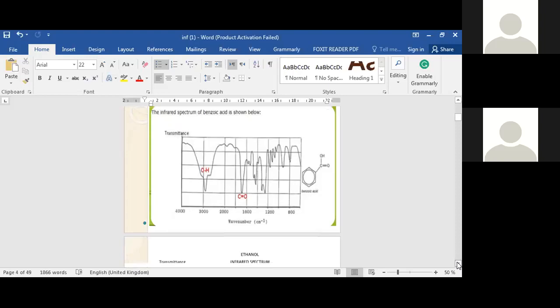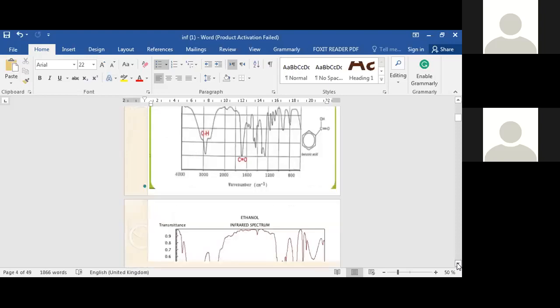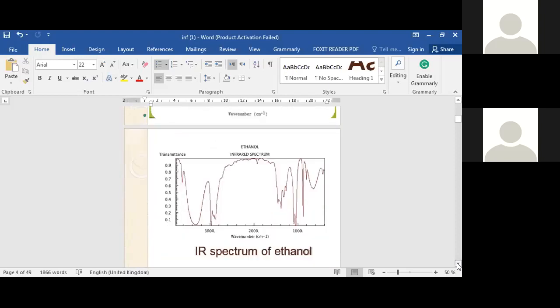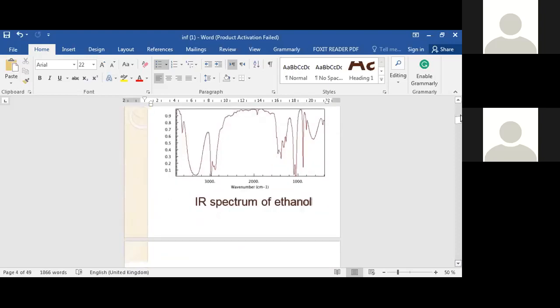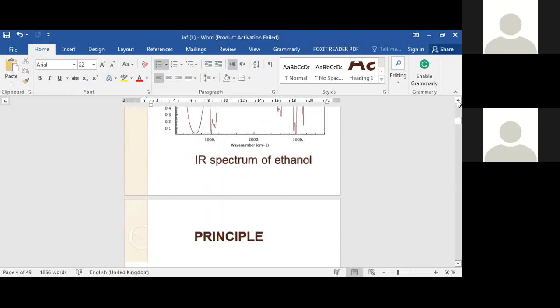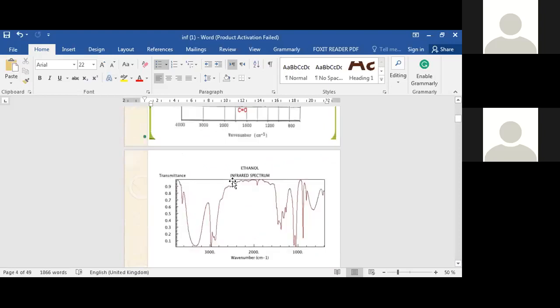Another example is ethanol, and it is an organic solvent. Ethanol has only hydroxyl group, and normally hydroxyl group can be seen around 3,000 centimeter -1.